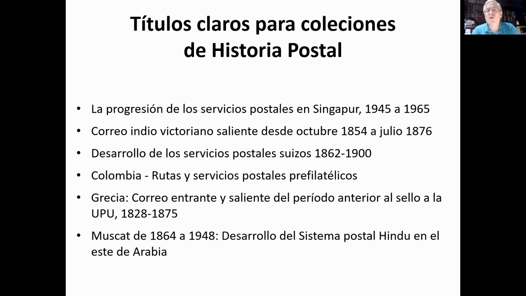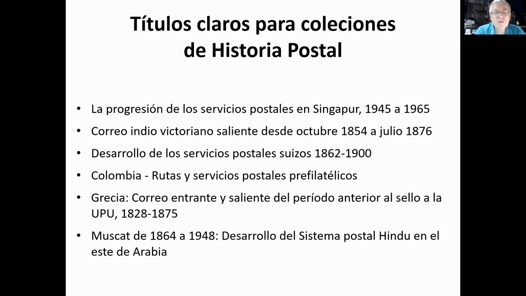And illustrated are 6 examples which define scope, period, and content. And these 6 are for postal history exhibits. For most of you, perhaps one of the good examples is the Columbia title, which clearly defines that it is pre-philatelic, as prior to the stamps, and it's focused on postal services and routes.